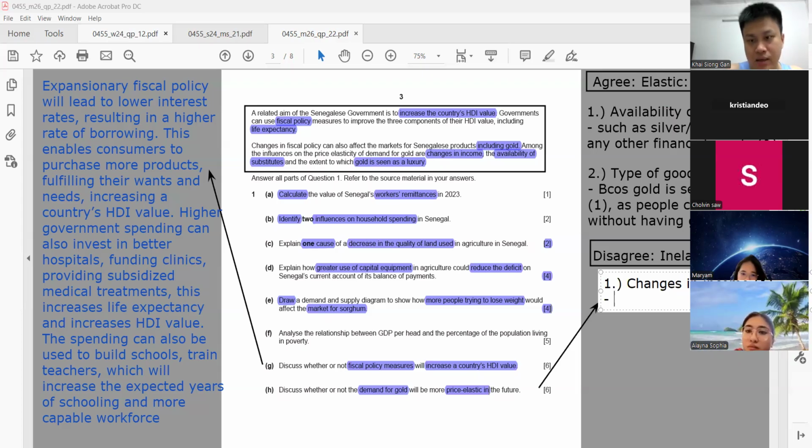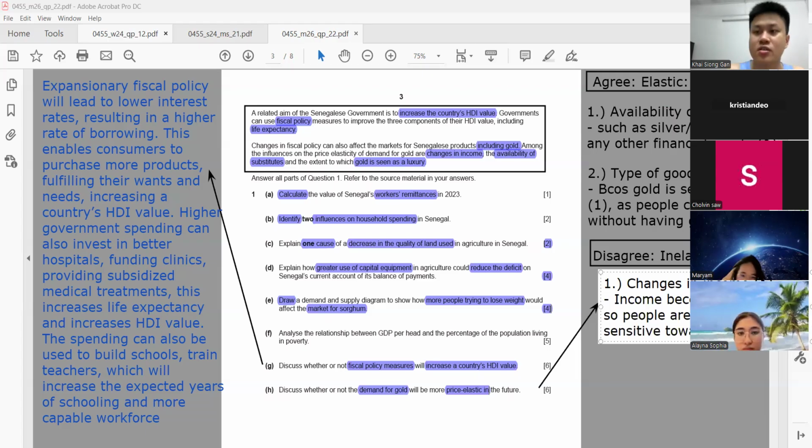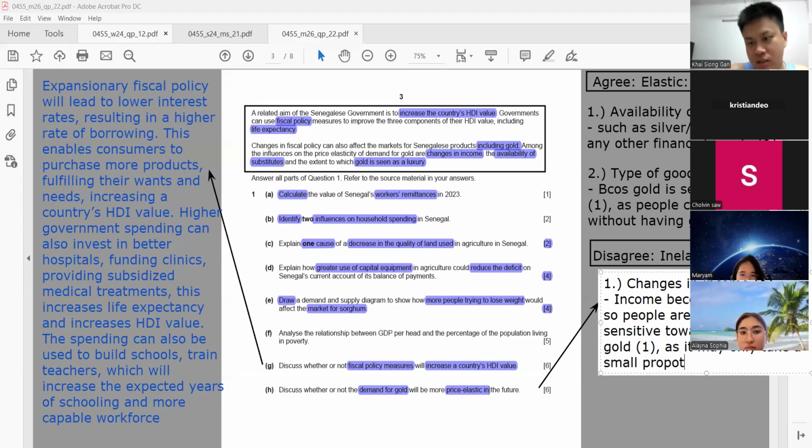You can say income becomes higher, so people are less price sensitive towards assets like gold, as it may only take a small proportion of their income.